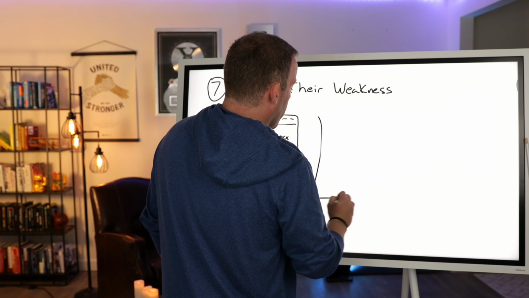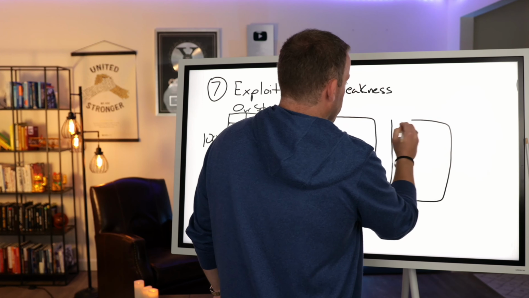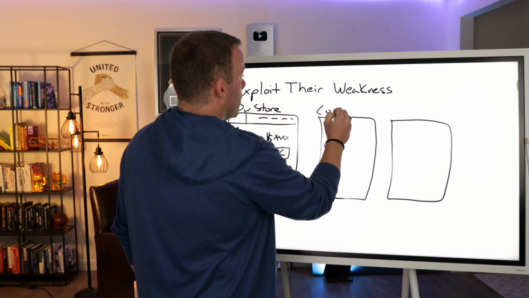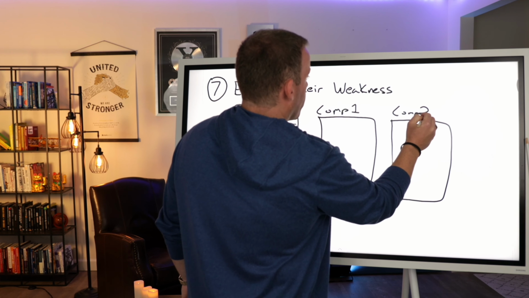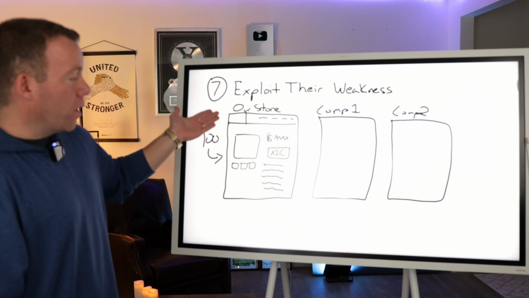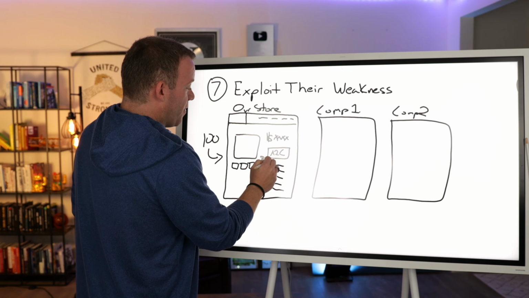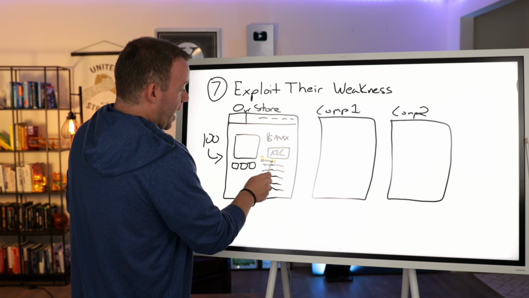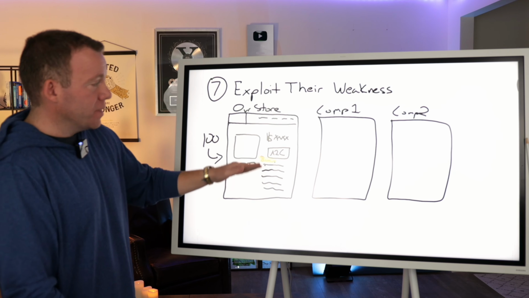But then we know that when our customers are deciding to buy, they're most likely also going to pull up competitor 1 and competitor 2, and they're going to try to decide who should I buy from, right? So one of the things, again, that we could do to stand out and exploit competitors' weaknesses is add that bonus gift, because now customers actually have a better reason to choose us. Of course, there's a lot more we can do, but that's one thing.